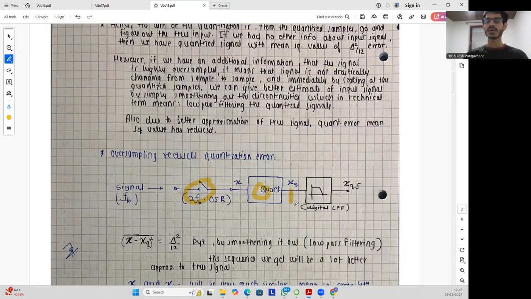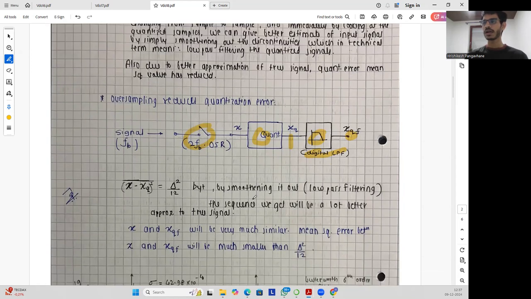To filter it again, we need a digital low pass filter. After having the output of the quantizer, we pass it through a low pass filter and smooth it out, so we average it out and get the quantized signal, but also low pass filtered.